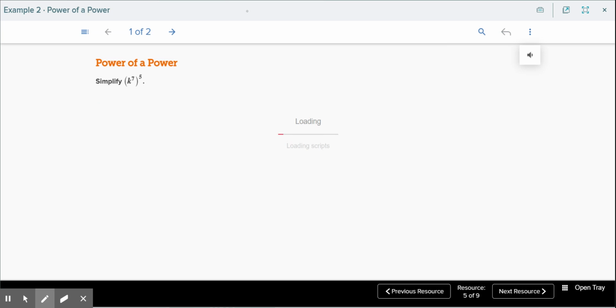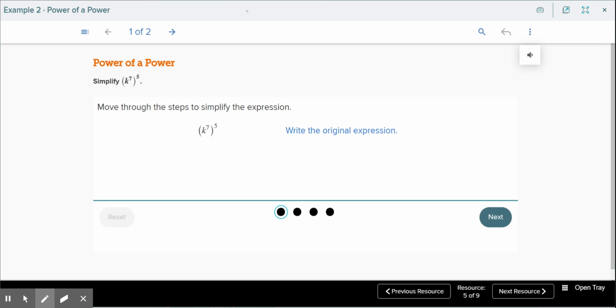Just like was true with our multiplication and division, again, our rule does not change if we have a variable in here instead of a number. So this is the same property, the same rule, except we're now looking at this with a variable instead of a number. So this is k to the 7th to the 5th.